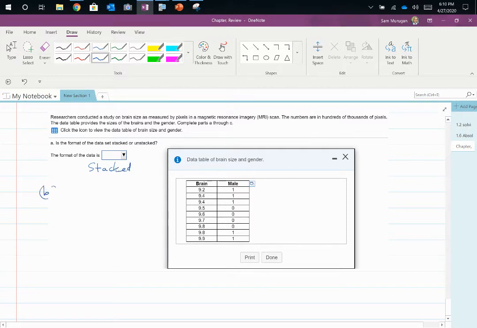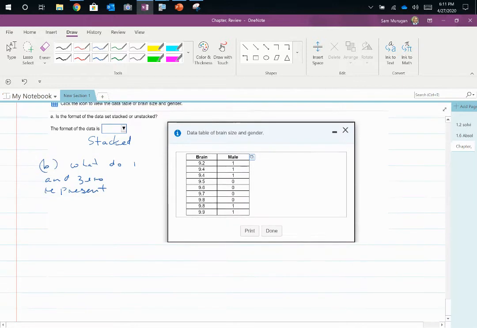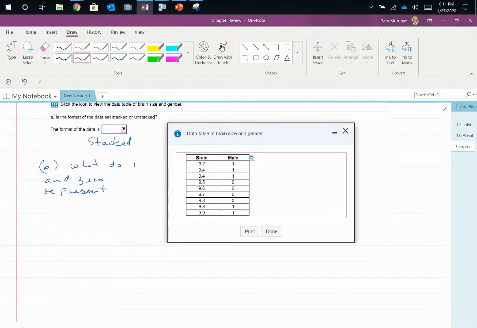In part B, what do 1 and 0 represent? So in this case, 1 represents male. Okay, the 1s represent males, and they don't specifically tell you what the 0 is.